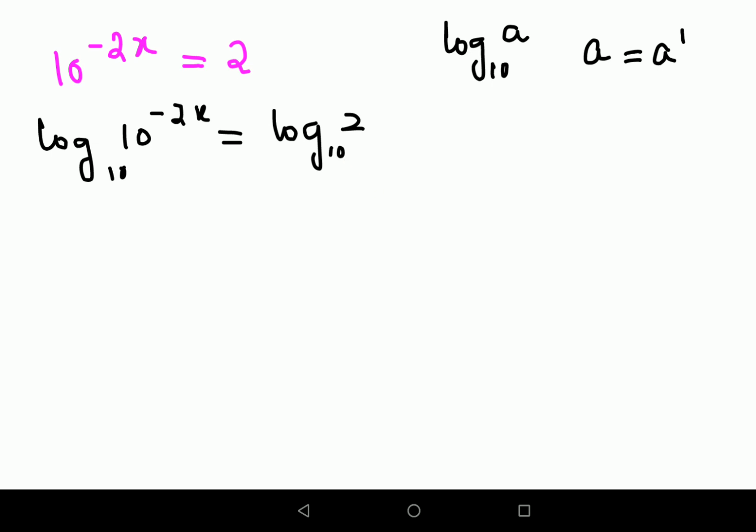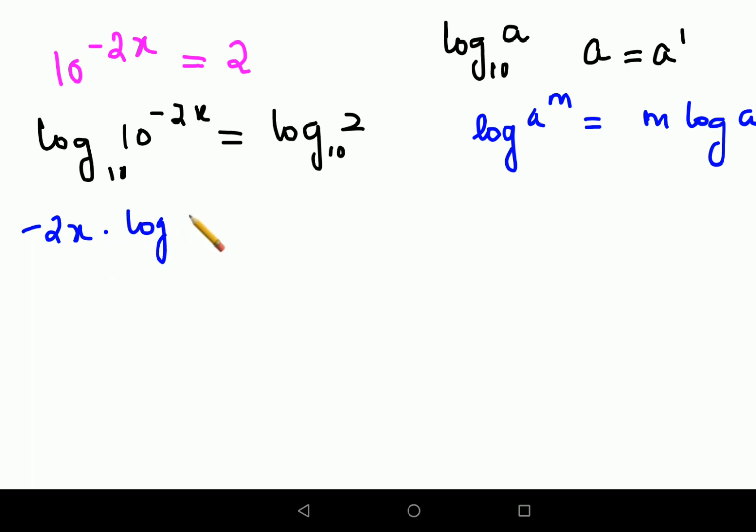Okay. Now another thing about logarithms is log of a raised to m can be written as m log a. So this can be written as minus 2x into log of 10 to the base 10 equals log of 2 to the base 10.